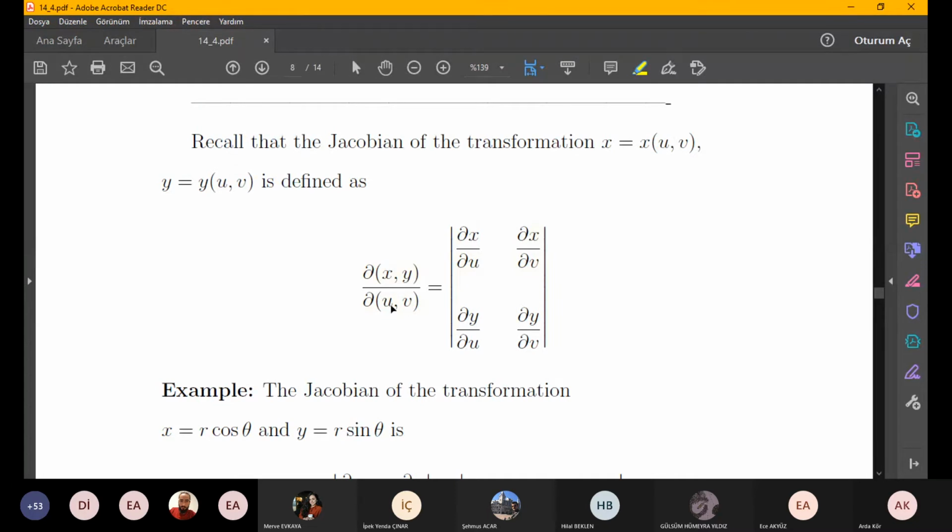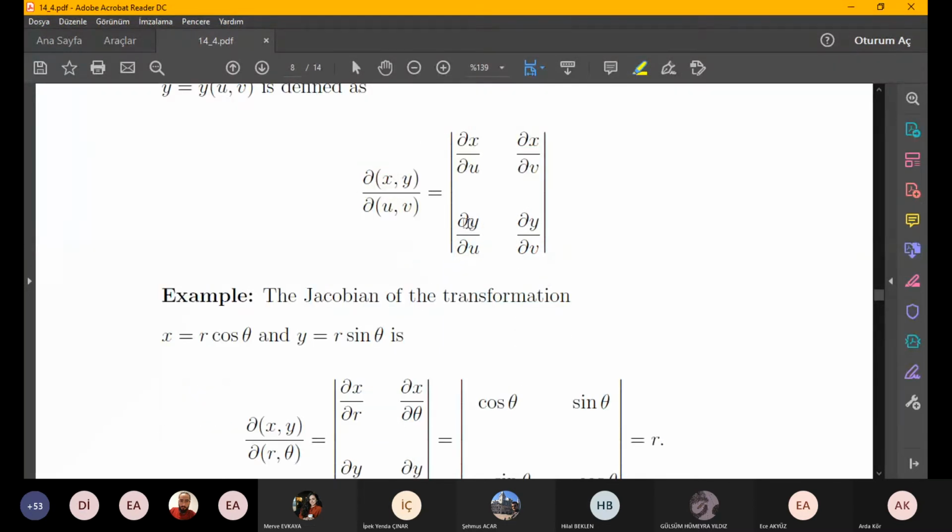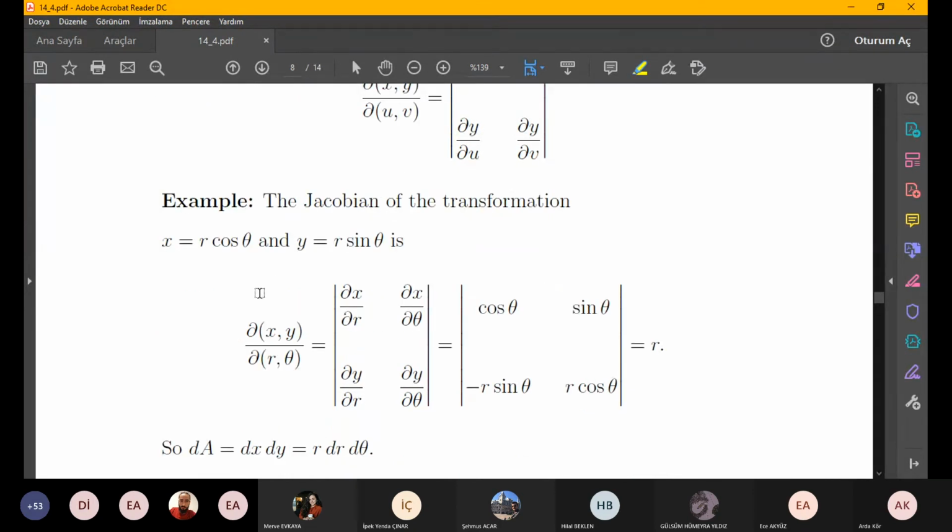So this is the Jacobian determinant that we have seen for the calculation of partials, and also solutions of systems. The Jacobian of the transformation.